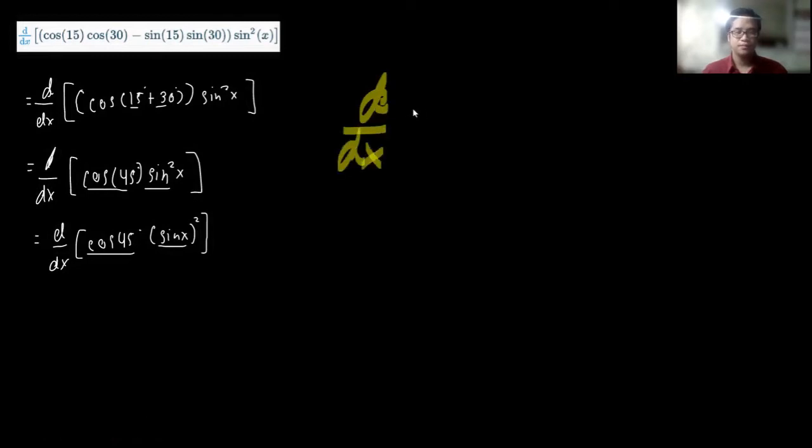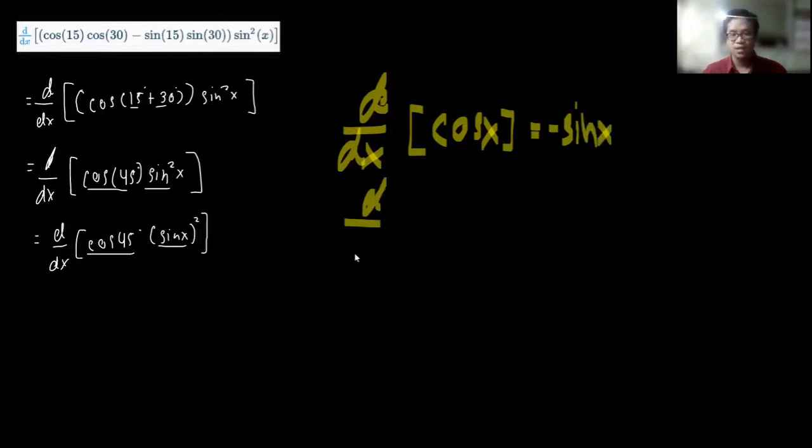All right. Let me use a different tool here. I think it would be far better. If you're asked to find the derivative of, let's just say, cosine of a function, there is a given function inside of a cosine function.